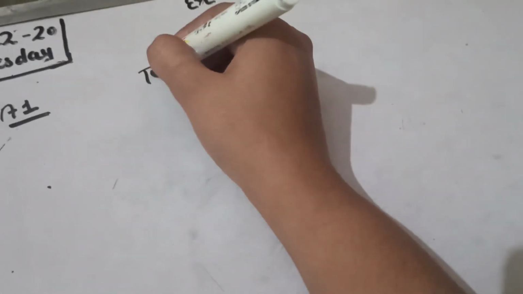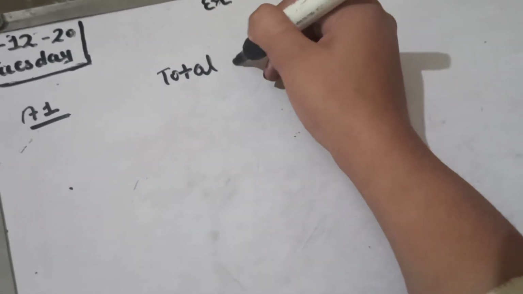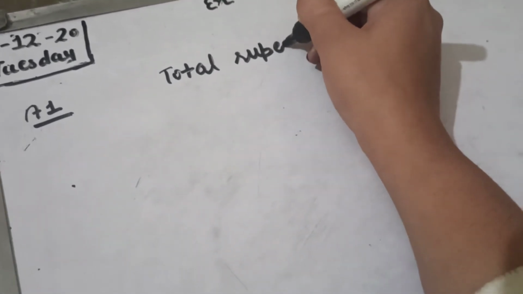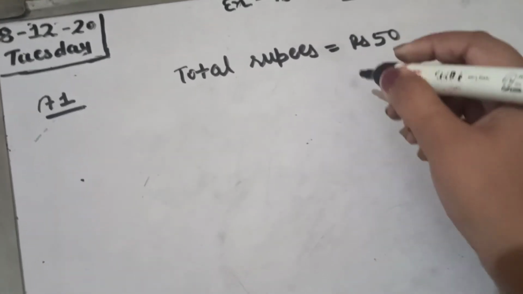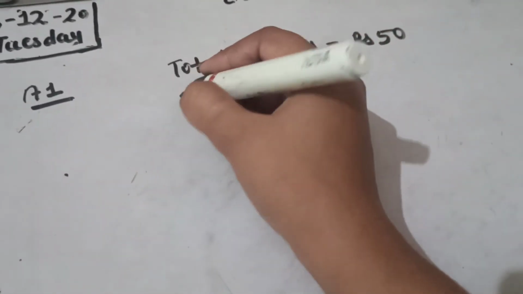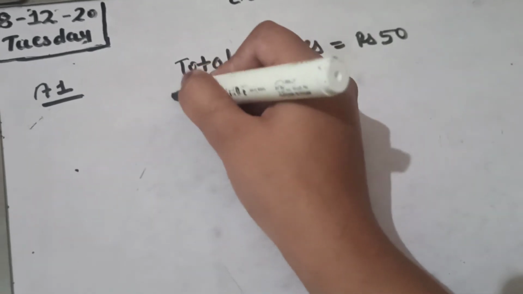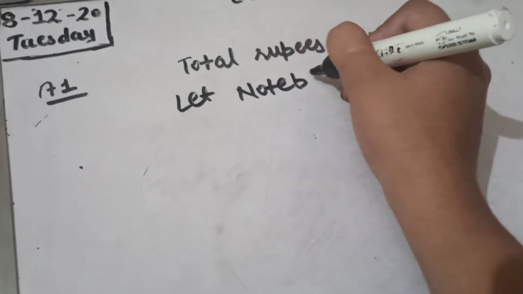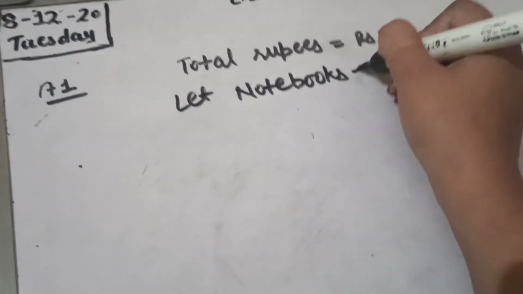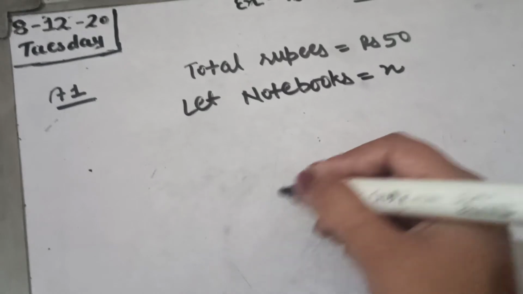So firstly देखो उसके पास total rupees how much? Total rupees equals to rupees 50. Right? He buys 4 notebooks. So let notebooks equals to x. Right?